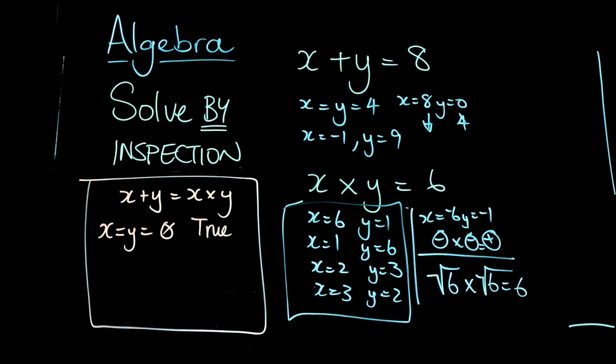I'm playing this game again, and I'm thinking this might work: 2 plus 2 is the same thing as 2 times 2, and so I've got another solution that is true here. I'm racking my brains thinking of others, but I can't at the moment, and there may not be any other solutions to this.